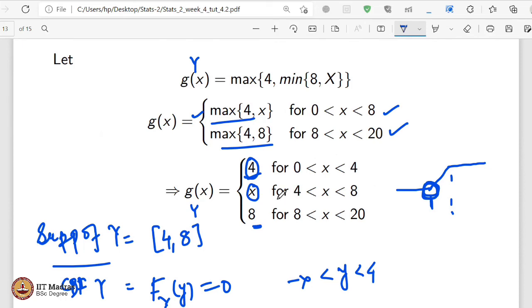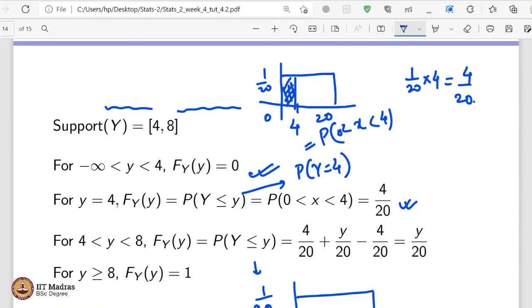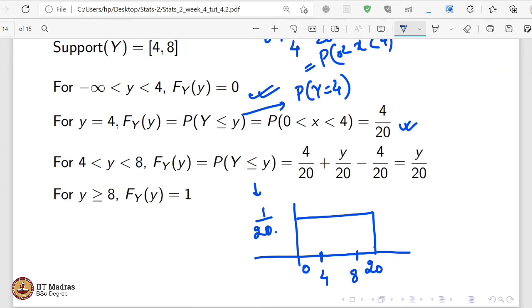So from 4 and 8 we have to get the probability for y, right? So just assume that here it is y. Okay, so here it is y, and that y is from this area 4 to 8, and y will lie between 4 to 8.